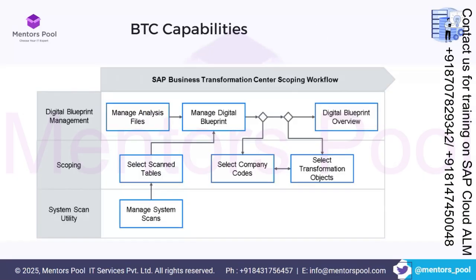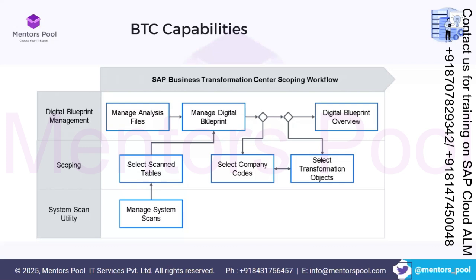So these are the BTC capabilities. If you're doing any selective data transition as part of Bluefield migration, in the ECC system you're going to create a readiness check report, and from that report you're going to get one file, which you are going to use as the analysis file to upload, and from there you are going to create a digital blueprint.